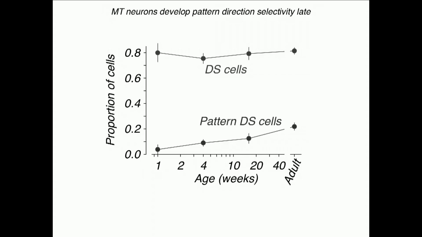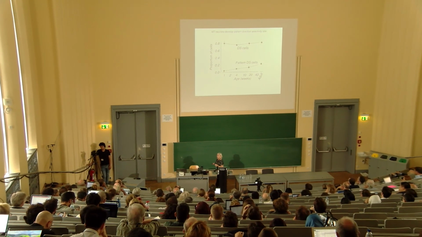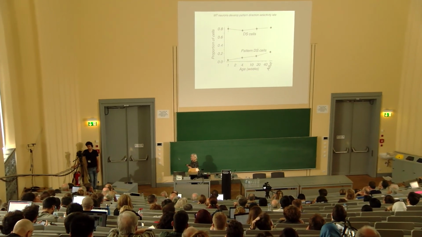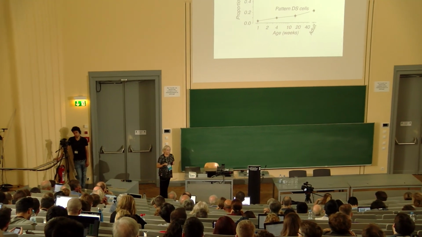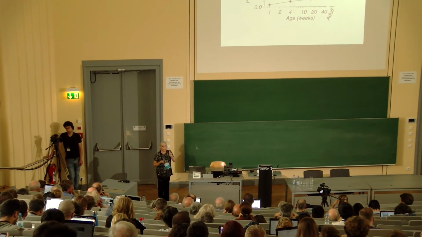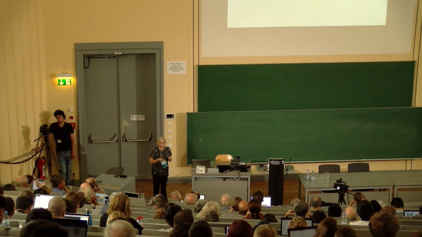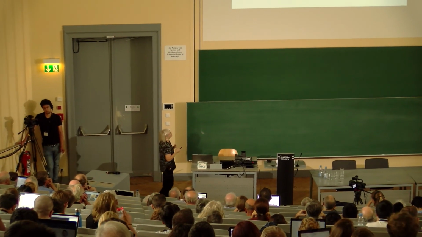Pattern direction selective cells are ones that appear in MT in adults at the level of about 30% of the cells. We found there were the occasional pattern direction selective cell in the youngest infants, but actually we found one. So we couldn't rule out that they existed, but there were very few.